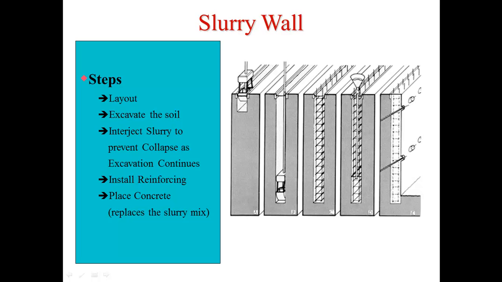It is pumped. You can see this is called a tremie. This little funnel is a tremie that goes down into the bottom of the foundation, and they pump concrete in here. And as they pump the concrete into the bottom, they pump this slurry mixture out of the top, so it ends up with a full hardened cured concrete wall on the inside.